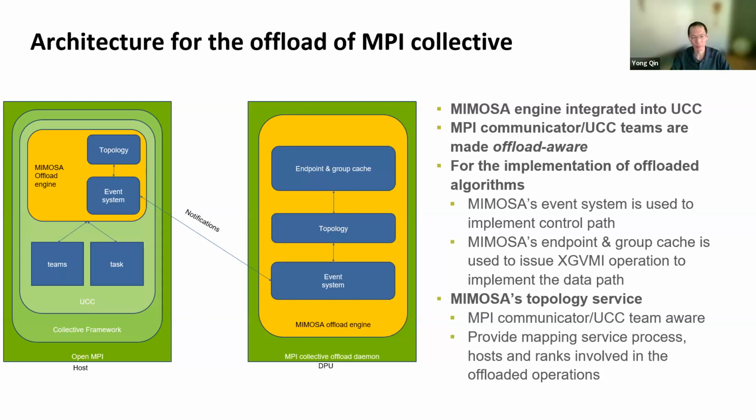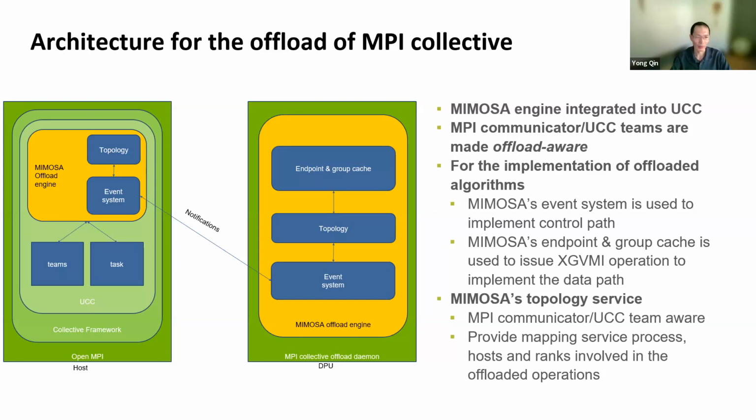I'm going to talk about some of the UCC concepts in the next few slides as well. But here we have some of the basic concepts like the teams, which manage the communicator, and the task, which manages the actual collective. Then we introduce the offload engine within UCC, and we use this offload engine to manage the topology and the event system.